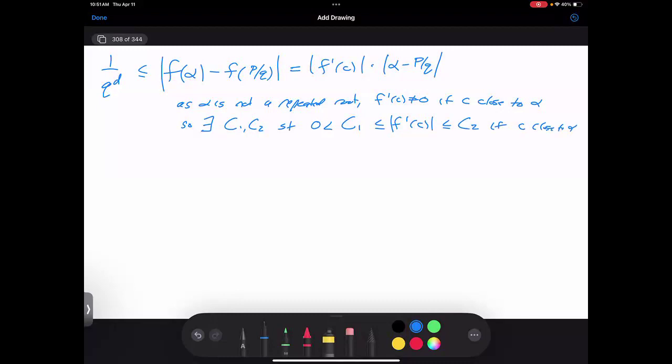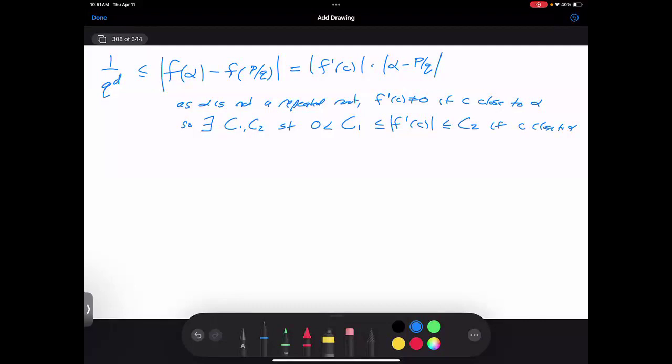So I know I don't have 0. Another way I know I can't have 0: if f prime of c equals 0, then I would have 1 over q to the d being less than or equal to 0. Well, no. I can't have a positive number like 1 over q to the d being less than 0.